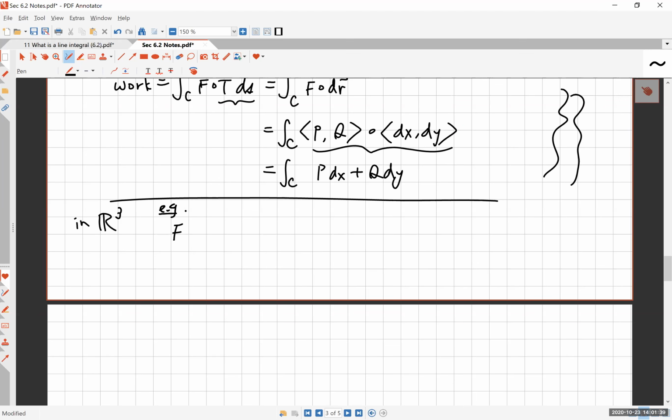Let's do an example here. Let's say my vector field F, maybe it's the wind or the way the heat is moving in space x, y, z. You have P, Q, R, right? That's the vector. This is a three-dimensional vector field. And C, the curve, is described in terms of x, y, and z.